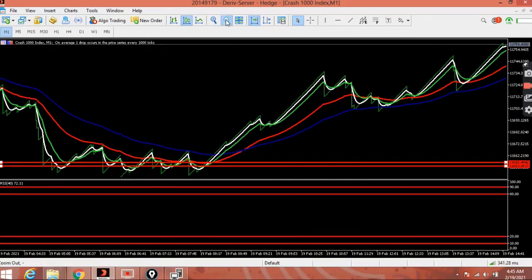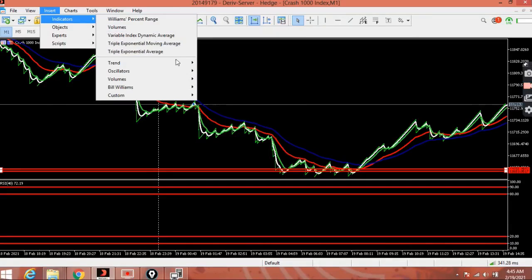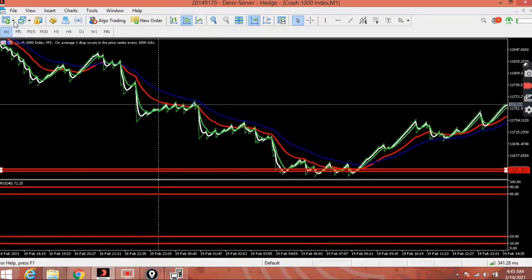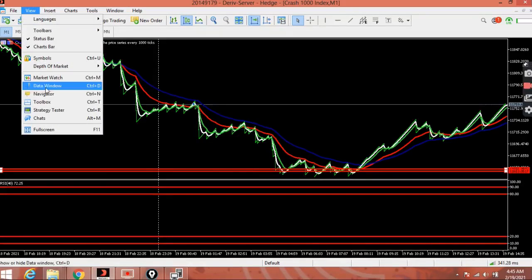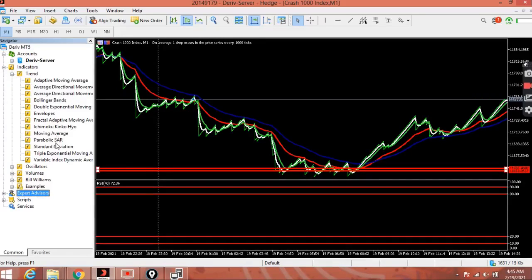And the moving average that I'm going to insert here. Let me click here, insert moving average. Okay, let me do it this way. Navigator, indicators, moving average.